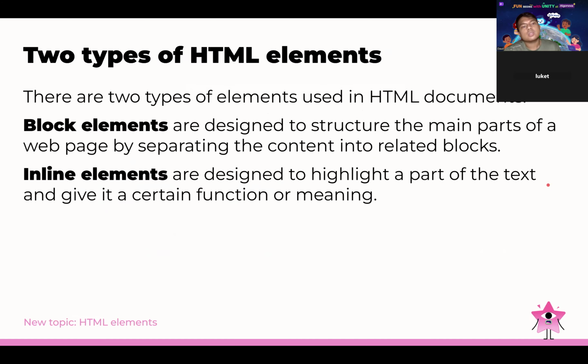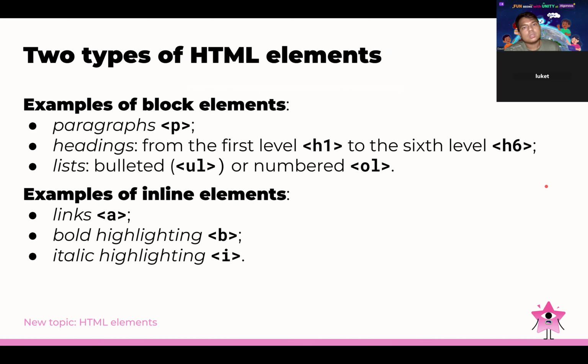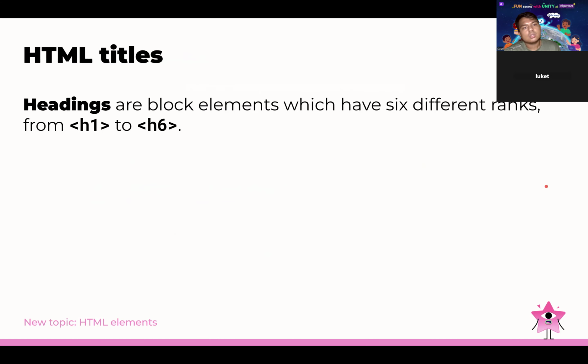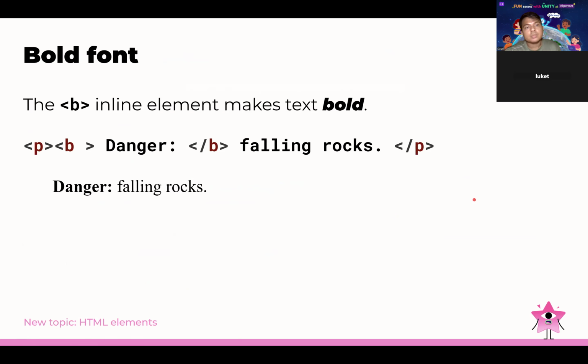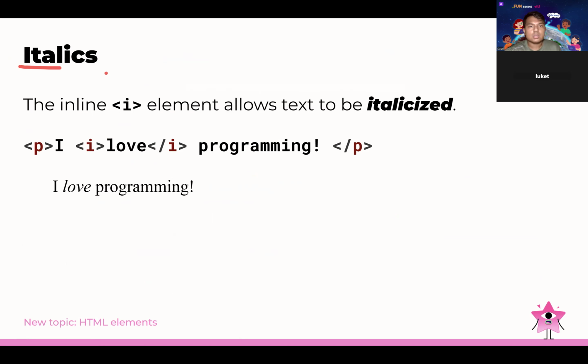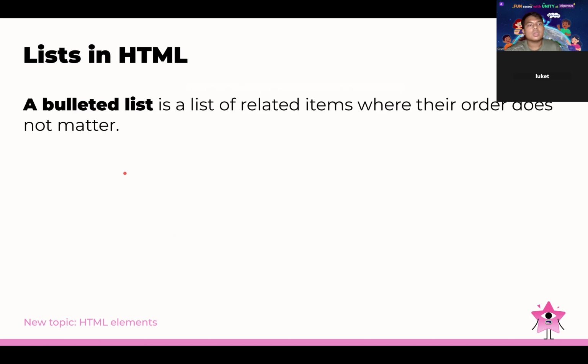The next one is heading. You can use headings from H1 to H6. I still remember heading, text bold, and then italics, to italicize font using I, and then lists.